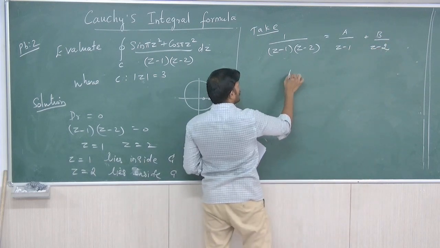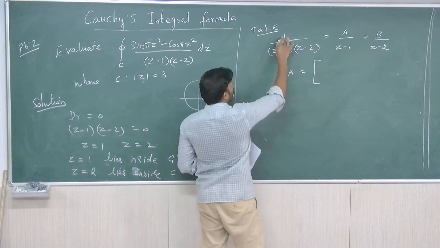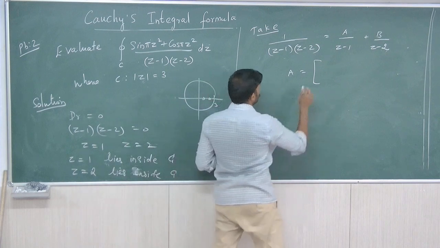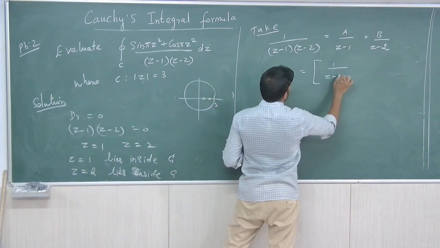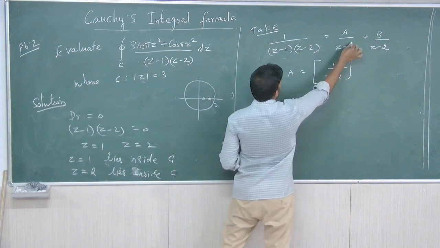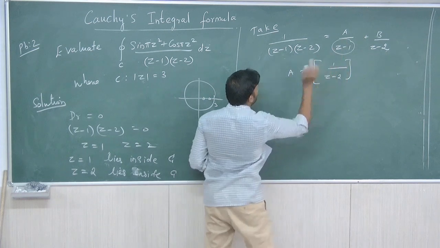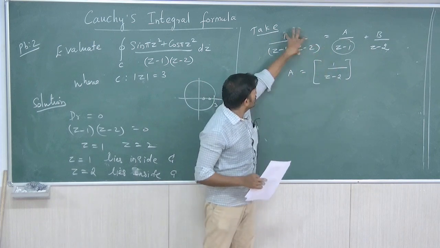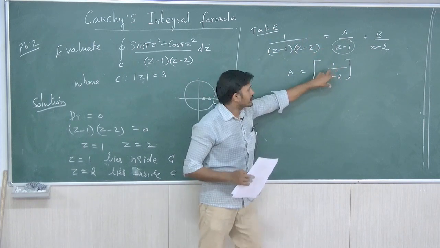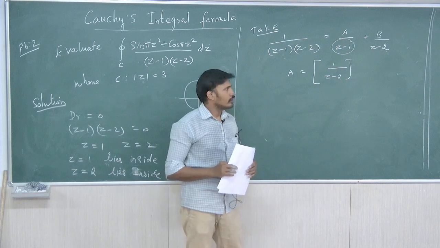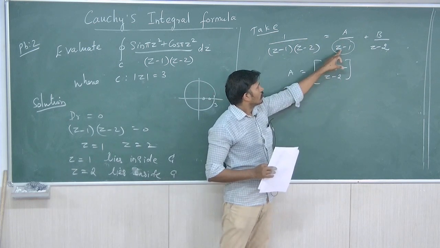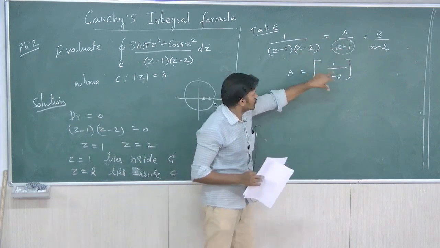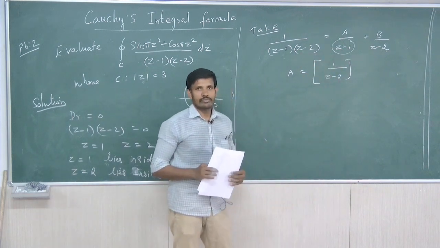So if you want to find a, you take the given function 1 by z minus 2, except this factor, you have to take the remaining terms. In the left hand side, you have to substitute the left hand side terms except this factor, right? After that, the value of z for which that term is going to be 0.